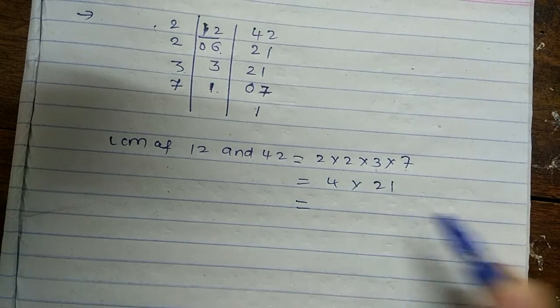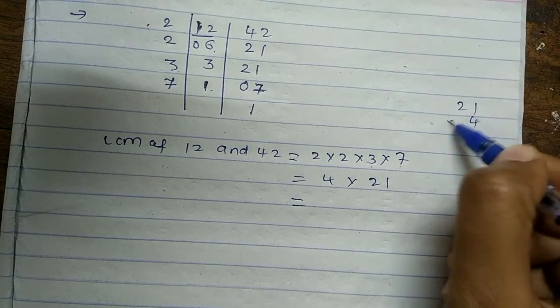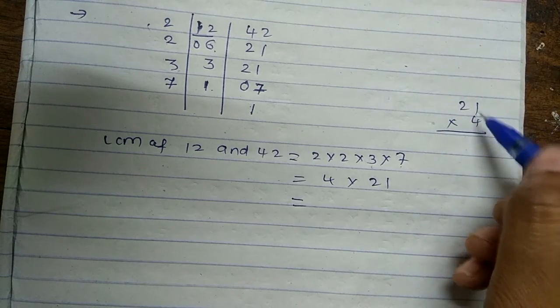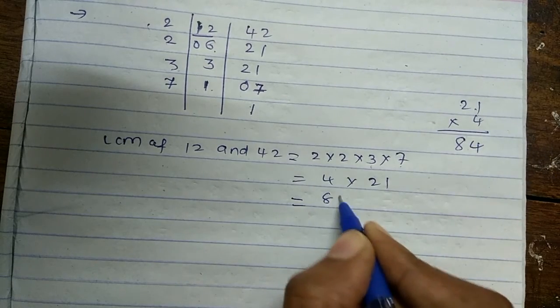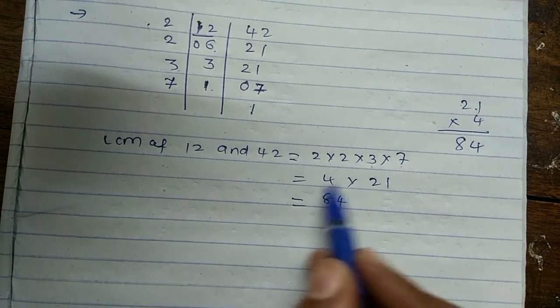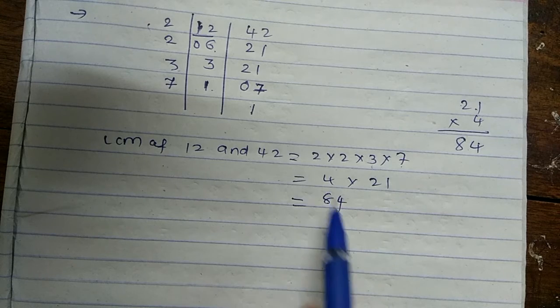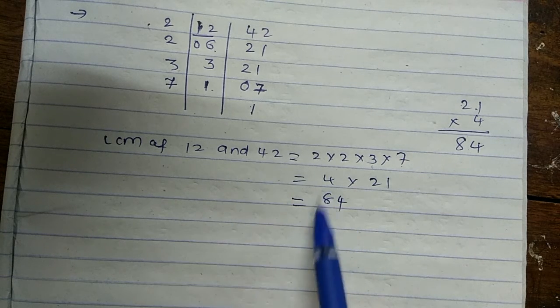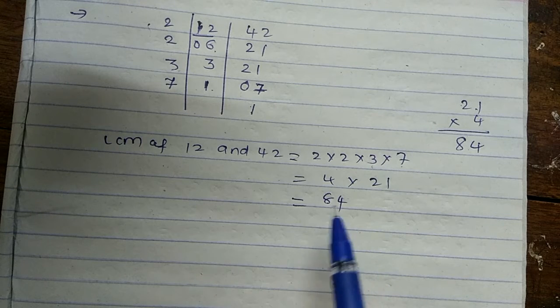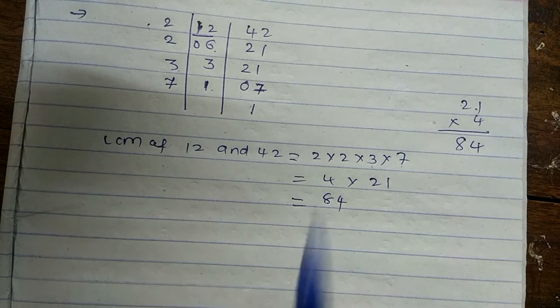And 4 into 21 you have to do. 21 into 4, or 21 4s, you can write directly. 4 1s are 4, 4 2s are 8. So the LCM of 12 and 42 is 84. The meaning is, this is the lowest number that comes in the table of 12 and 42, the lowest common multiple, that is LCM of 12 and 42.